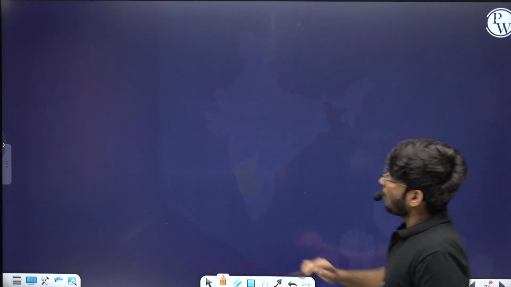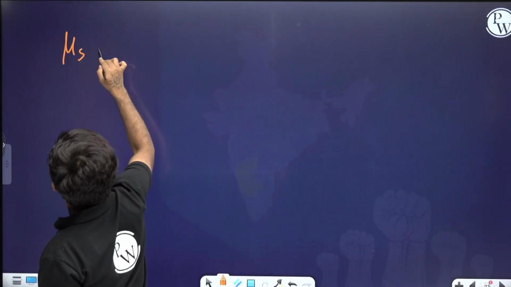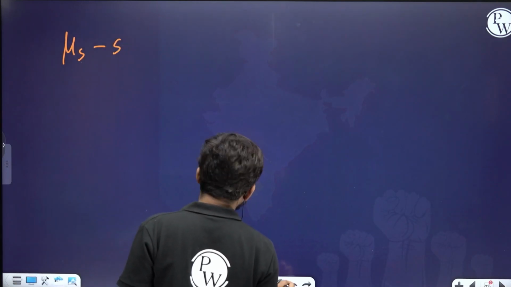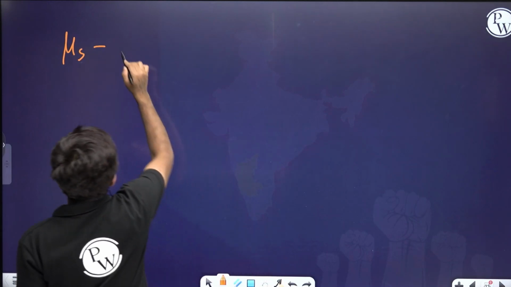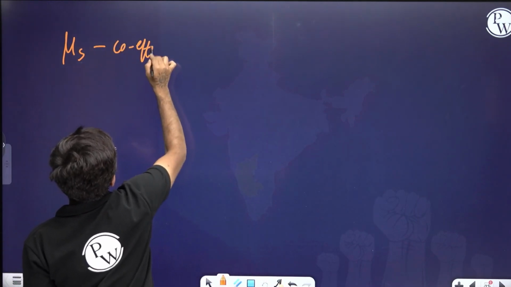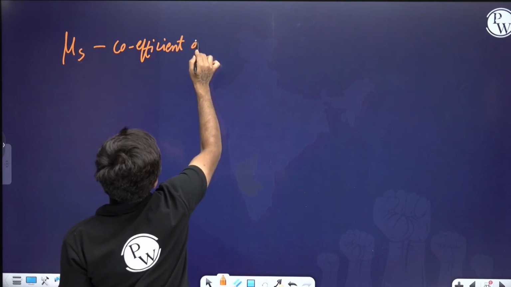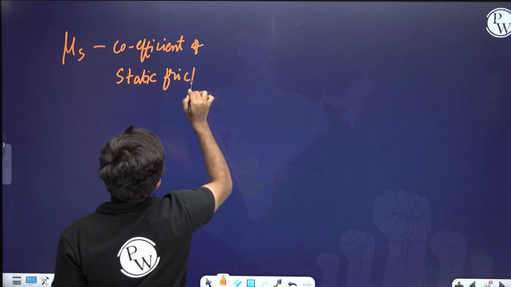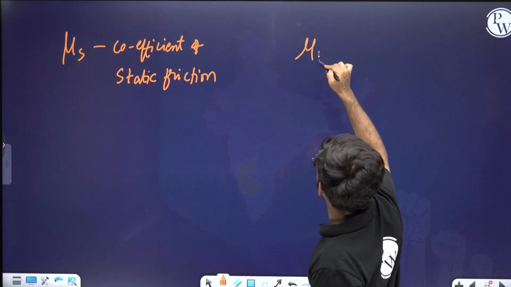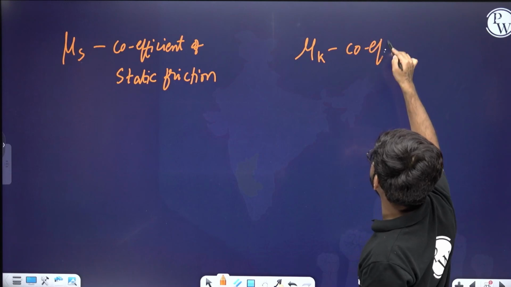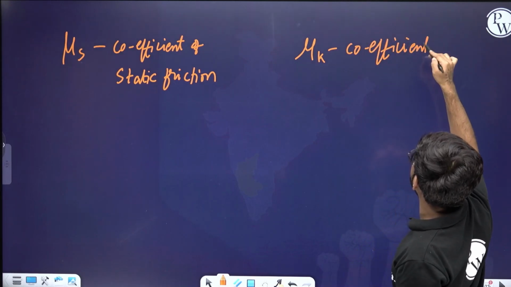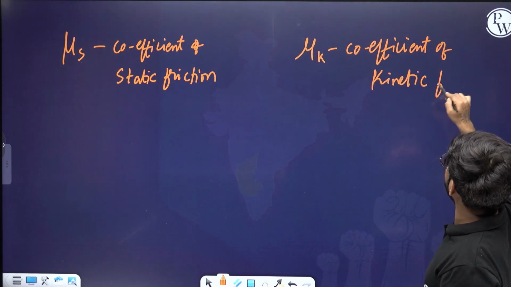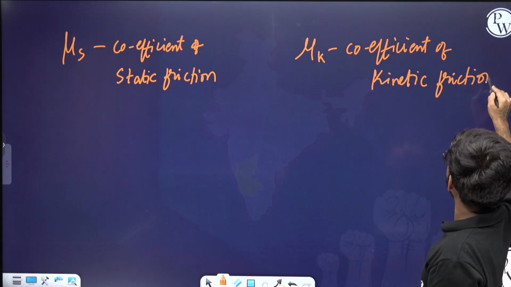Here, what are mu s and mu k? Mu k is the coefficient of kinetic friction and mu s is the coefficient of static friction.